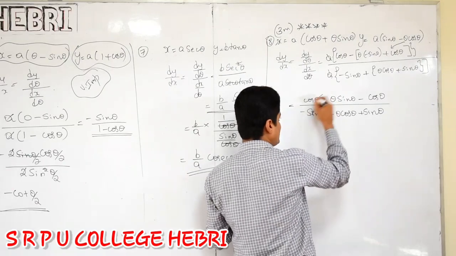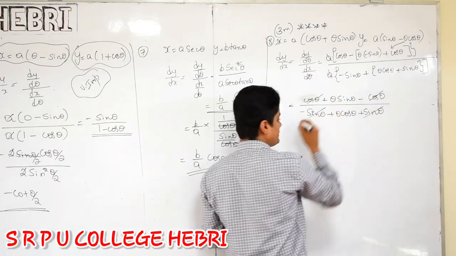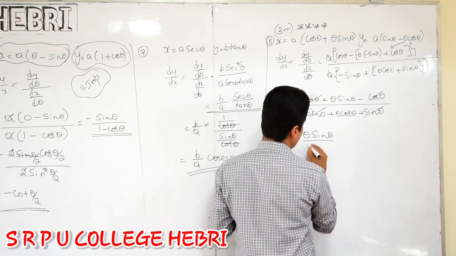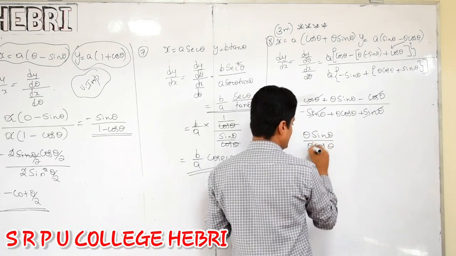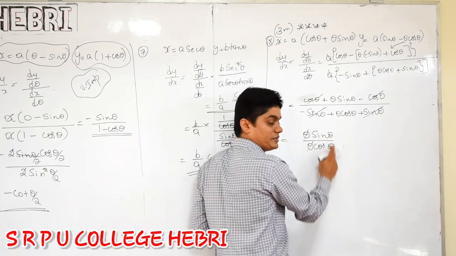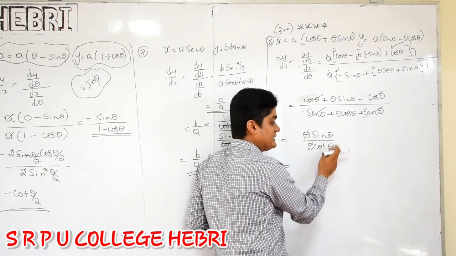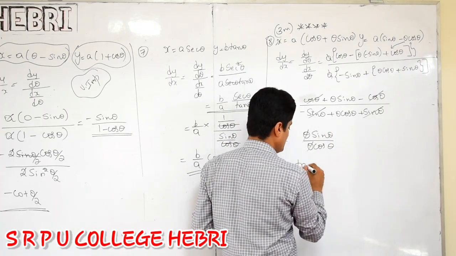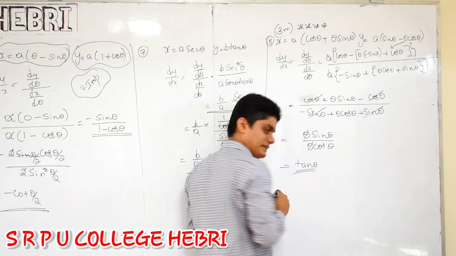So what happens? cos theta cancels, plus sin theta minus sin theta cancels. What remains is theta sin theta by theta cos theta. Theta cancels. So what is remaining? Sin theta by cos theta. Don't cancel this theta; this theta cancels, but this theta does not. So sin theta by cos theta, which is tan theta.